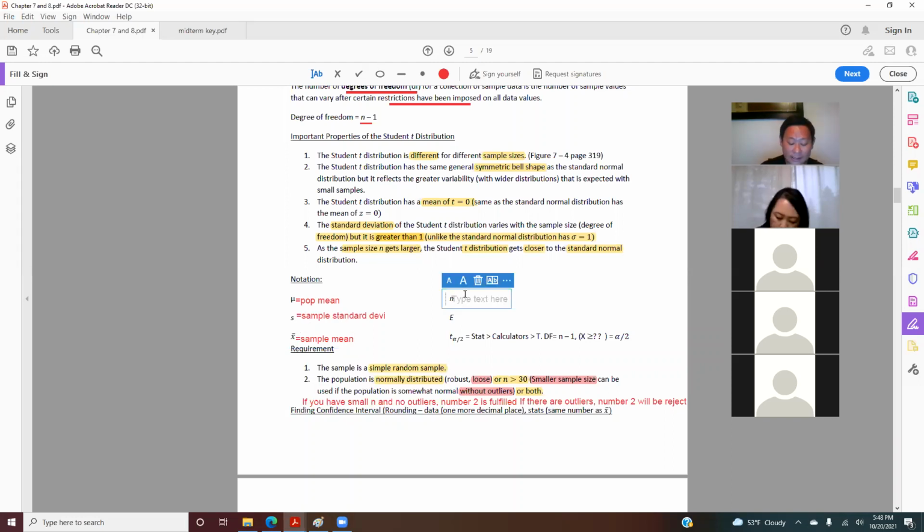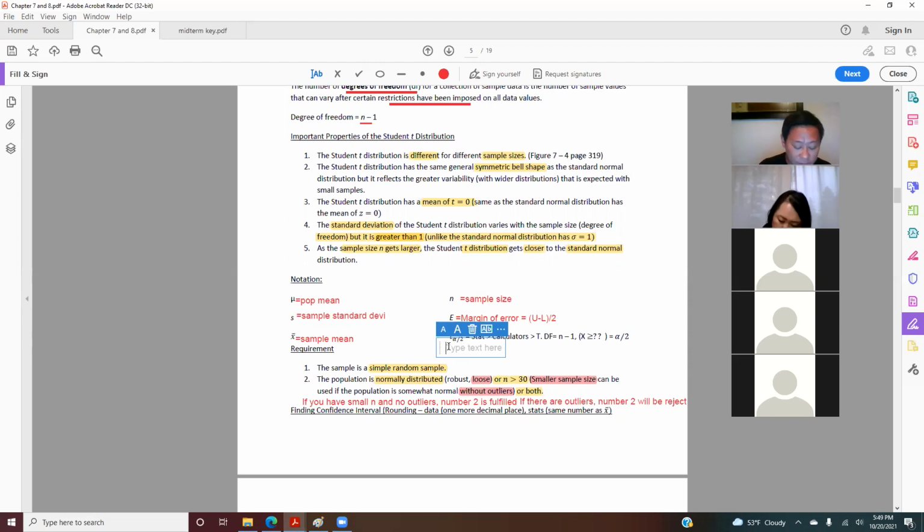N is called the sample size or number of observations, same thing. E in this case is called the margin of error. So in order for you to find the margin of error, it's the same thing you did in the previous section. You take the upper bound minus the lower bound, divided by 2.